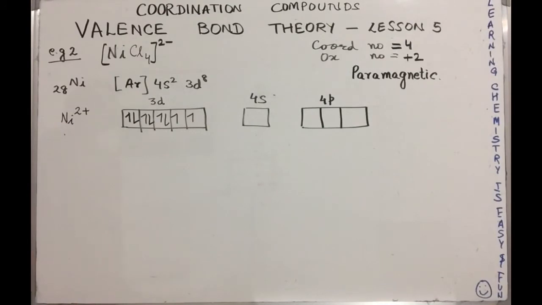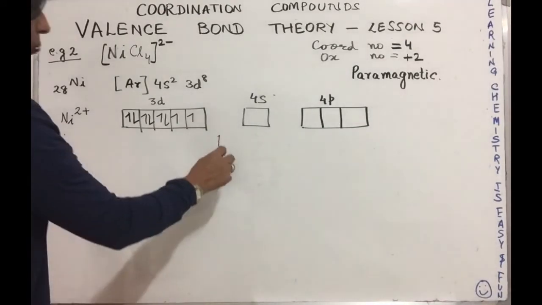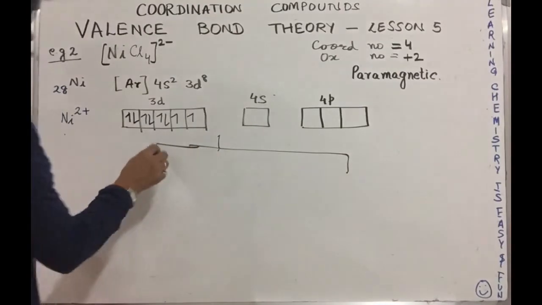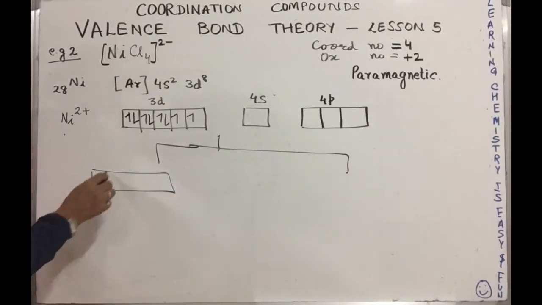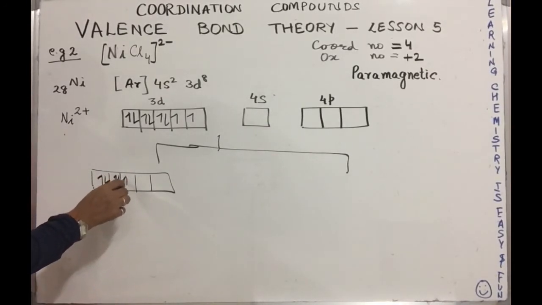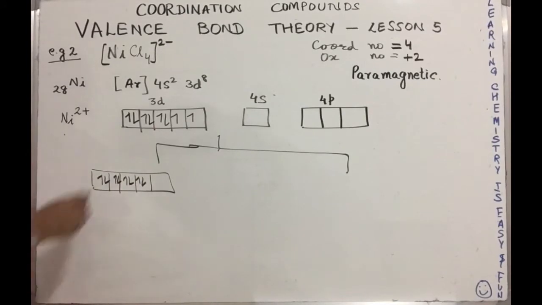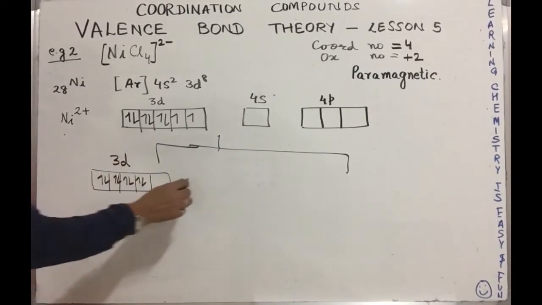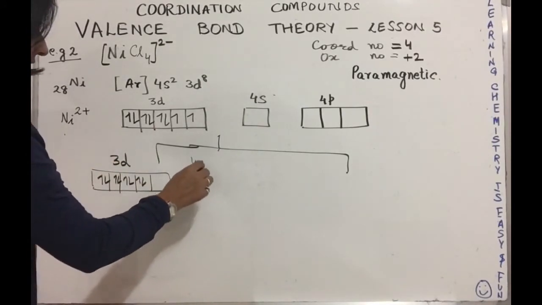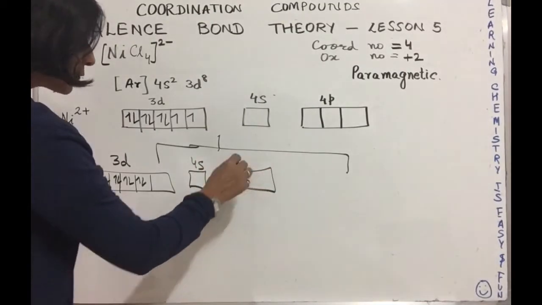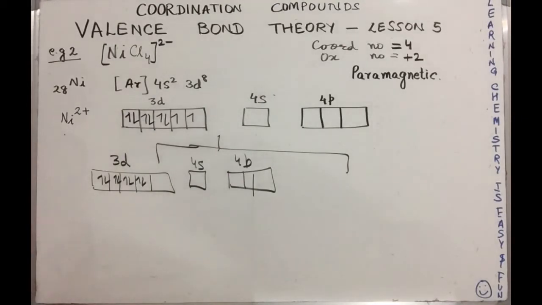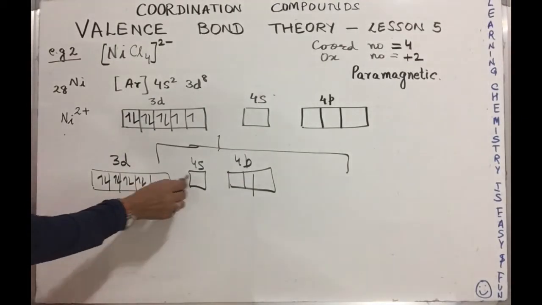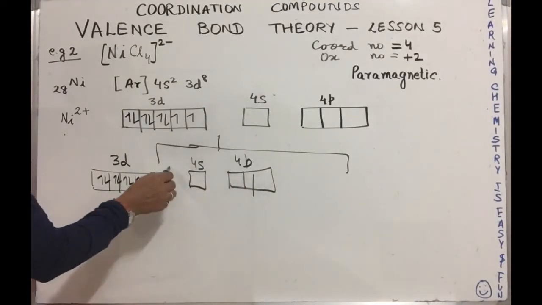Now we could have a possibility here wherein 1, 2, 3, 4 pairs. That is, they pair up and we have 4s and then we have 4p over here, and we need to accommodate 4 ligands, means we could have 1, 2, 3, 4.